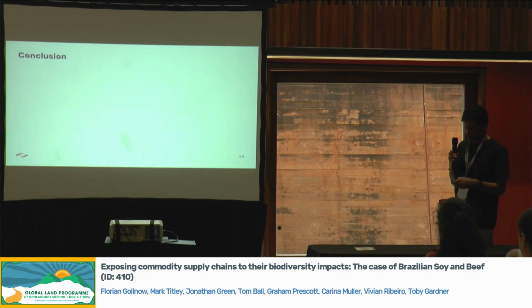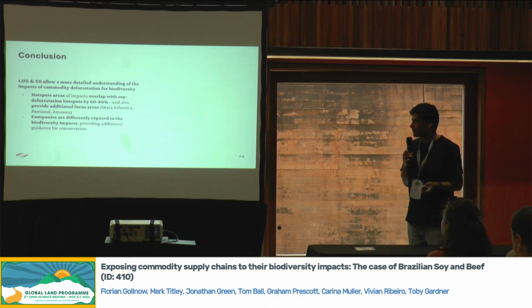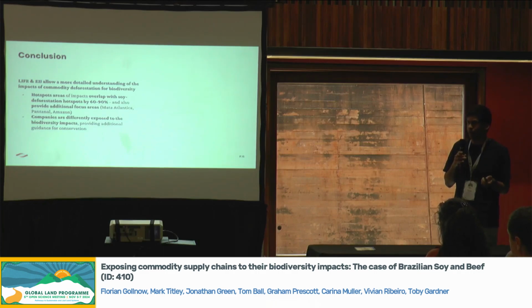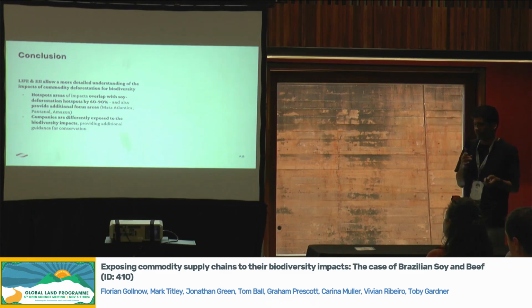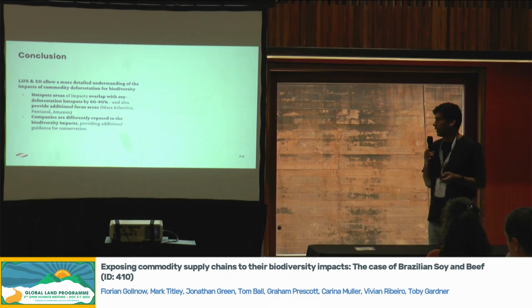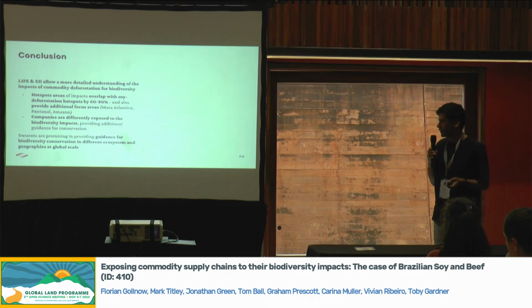And in conclusion, I wanted to summarize that hotspot areas of impact overlap, but there are also differences, and those indicators provide additional focus areas for conservation interventions. Companies are also differently exposed to those biodiversity impacts, which provides additional guidance for conservation.